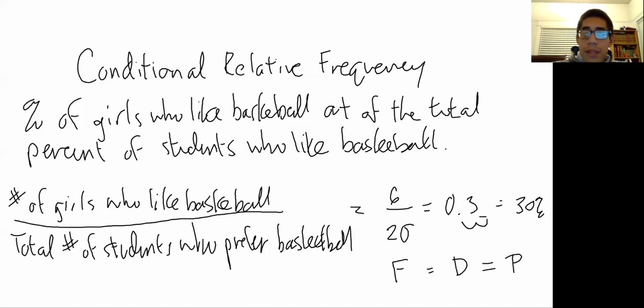I want the joint relative frequency, so I'm going to take 10 and divide it by the grand total, which is 92. Do you guys see 92? It's the grand total down there. 10 divided by 92 is 0.1086, which is 10.86%. 10.86% are girls who selected a banana, right?